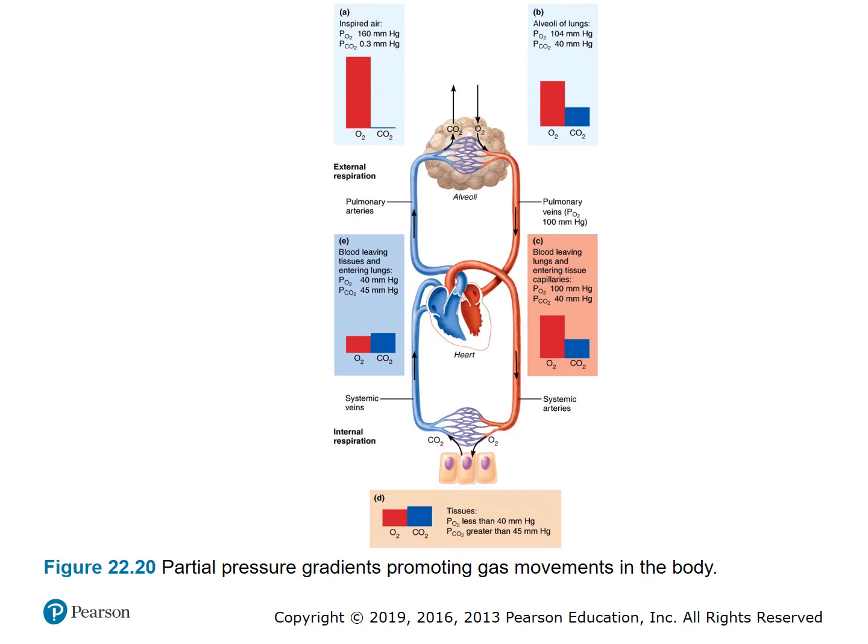Then C is blood leaving the lungs and entering the tissue capillaries. It's 100 versus 40. And then D is at the level of the tissues, and here it's 40 versus 45. And then blood leaving the tissues and entering the lungs, so this is the deoxygenated blood that comes back. So it's 40 versus 45 here, and then back into external respiration.